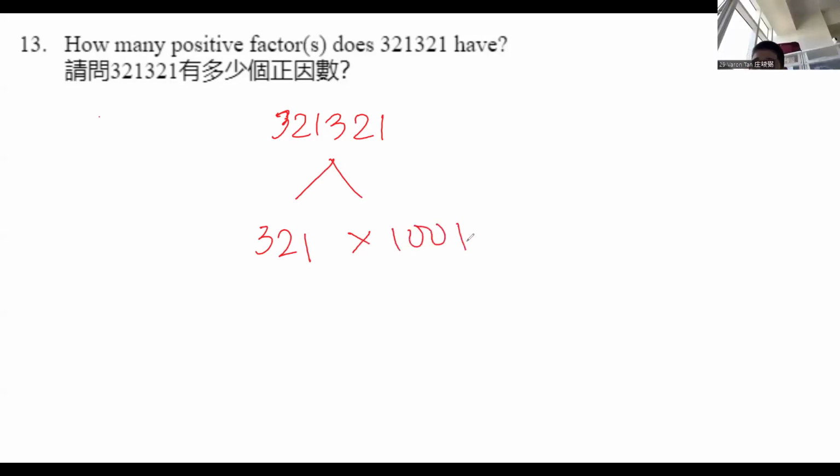And then I split 321 into 3 and 107. And then I split 1,001 into 91 and 11. And then I split 91 into 13 and 7.